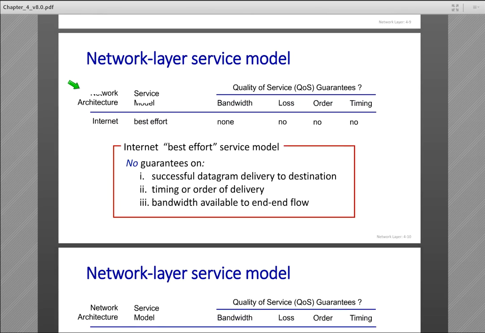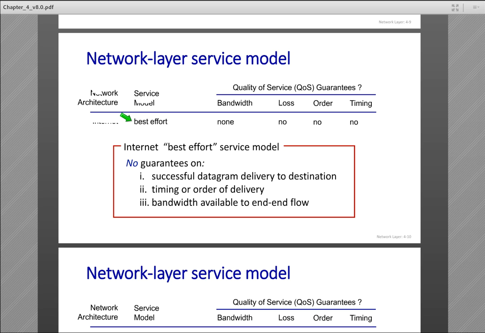Look at this. In today's IP-based network, when we talk about a datagram network, or a packet switching network, something like the internet, it acts as a best effort system. It means that it will try according to its power.